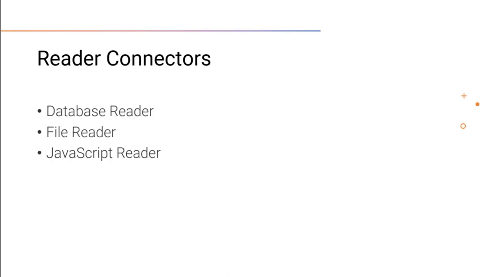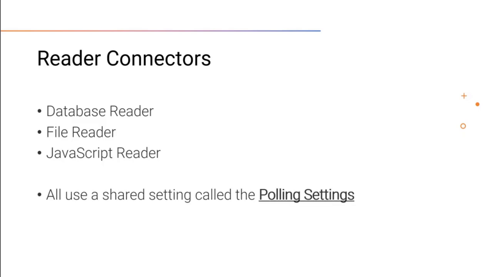In the next few lessons, we'll be going over the more complex reader connectors. So these are going to be the database reader, the file reader, and the JavaScript reader. But before we get into these, they all do not passively listen for messages, but instead they run on a specific schedule. And because of this, they all share a setting called polling settings.